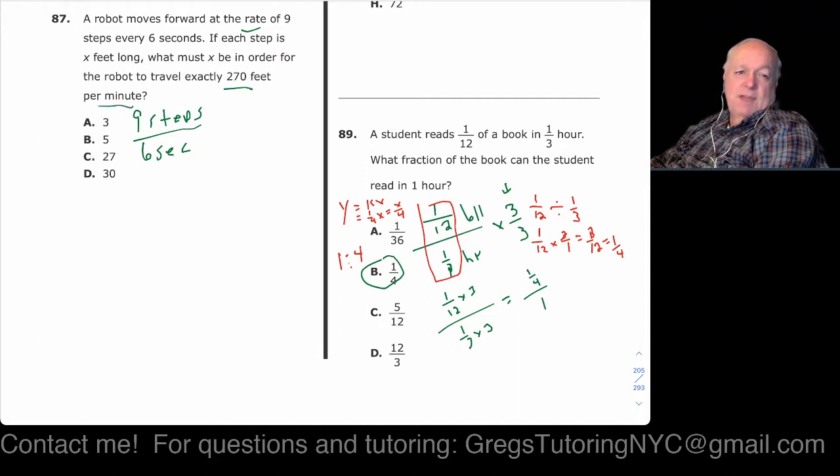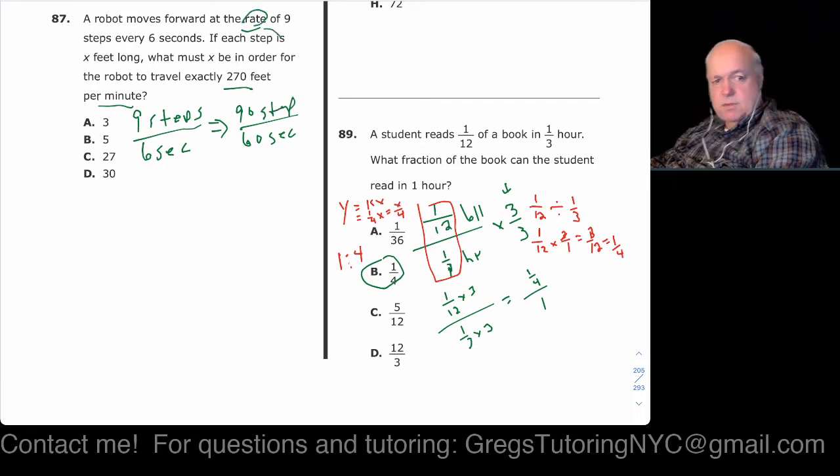So I can see already, if I make the denominator here 60 seconds, that's a minute. I'm multiplying by 10, so that means there is 90 steps, right? I took the rate they gave us. This is the same rate, 90 steps per 60 seconds, okay?